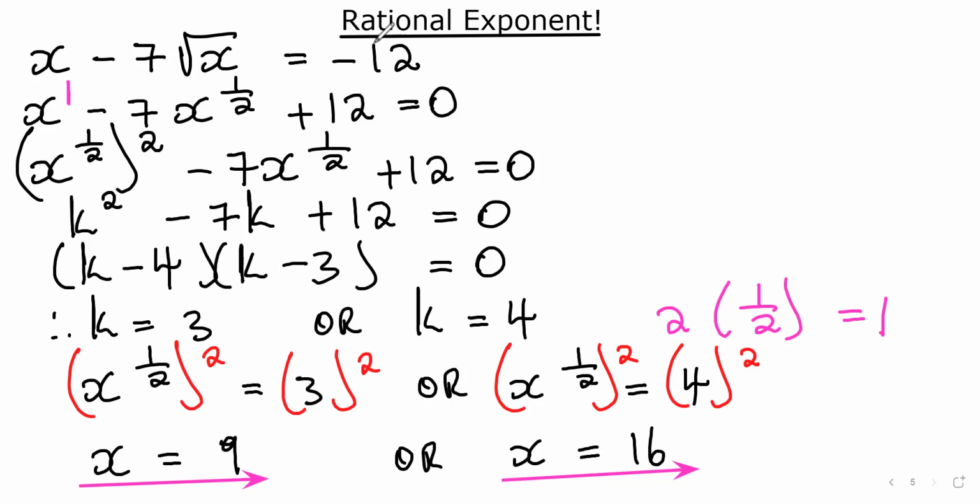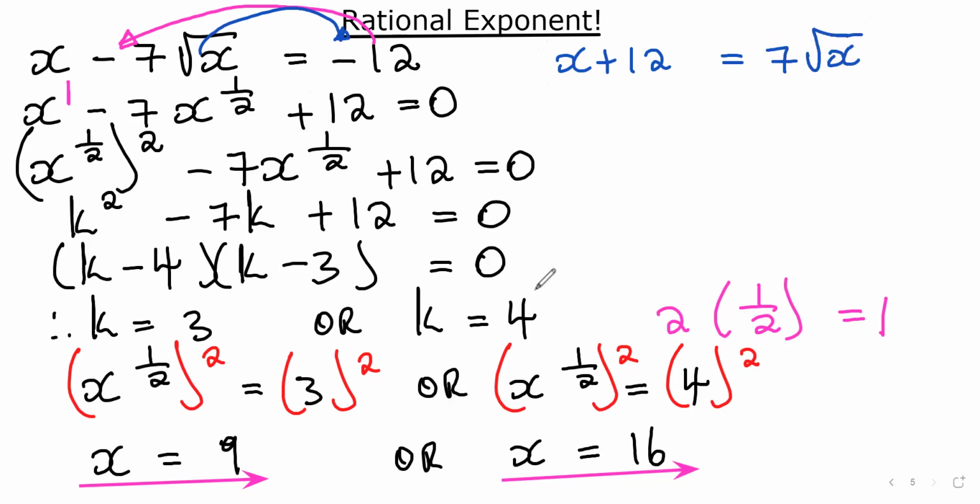So we are simply going to take this one to the left-hand side, and we take this one to the right-hand side. We want to isolate our root sign, all right? So then we get x plus 12, which is equal to 7 square root x. And then we square on both sides.